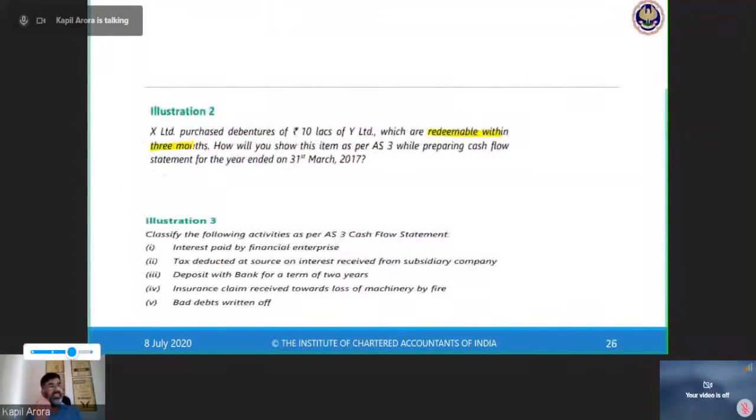Going back to this, here I have invested in debentures which are to be converted in 3 months. Exactly where would it be shown? Operating, financing, or investing, or none of these but somewhere else? Yes, guys, please quickly answer illustration 2.